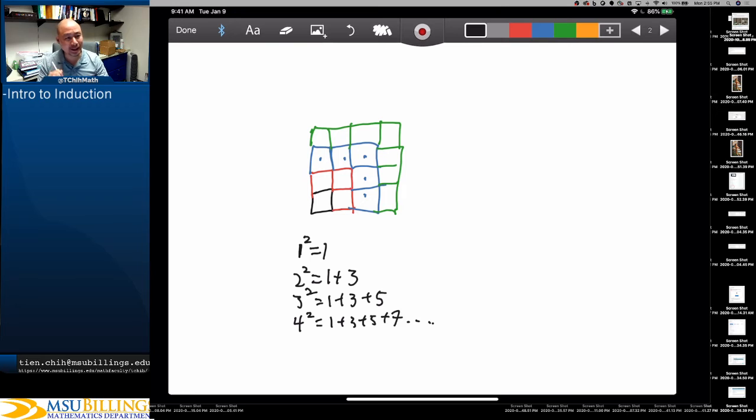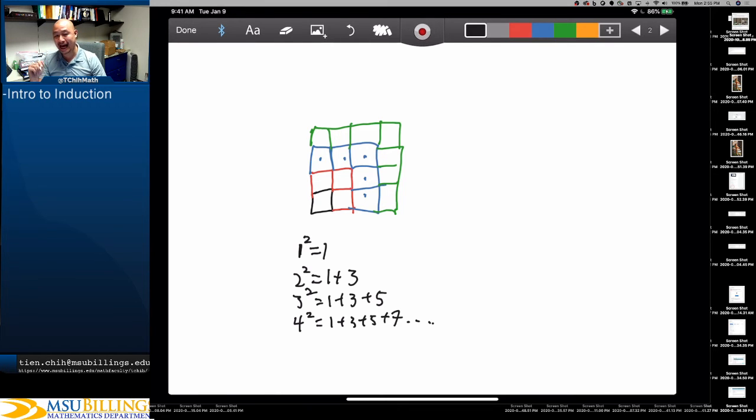At this point, I hope we can see some sort of pattern building down here at the bottom. What we have on the right hand side of all of these equations is sums of consecutively increasing odd numbers, right? We have 1, 1 plus 3, 1 plus 3 plus 5, 1 plus 3 plus 5 plus 7.